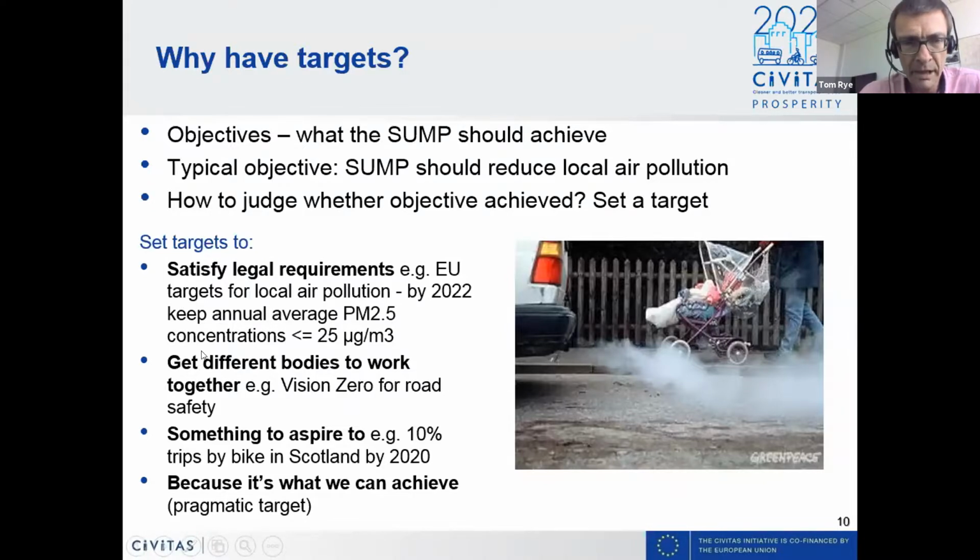Or maybe we set a target to get different bodies to work together. Because one thing you'll notice from working in SUMP, the things you need to deliver aren't always just dependent on one organization. They can be dependent on a range of organizations. Now, road safety is an interesting one because road safety depends on people who do education.